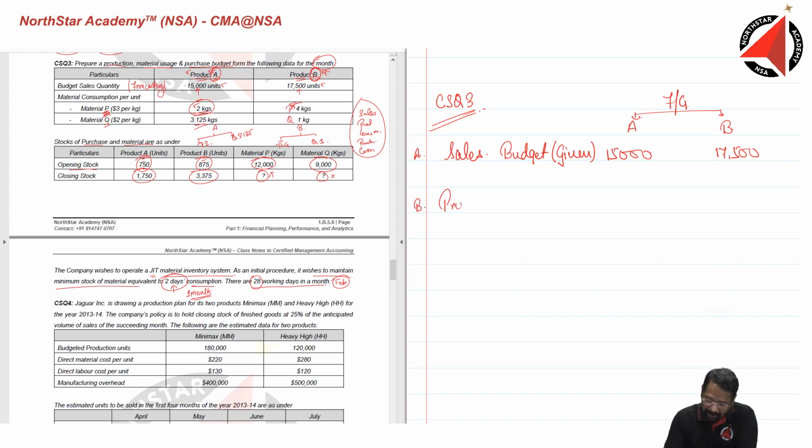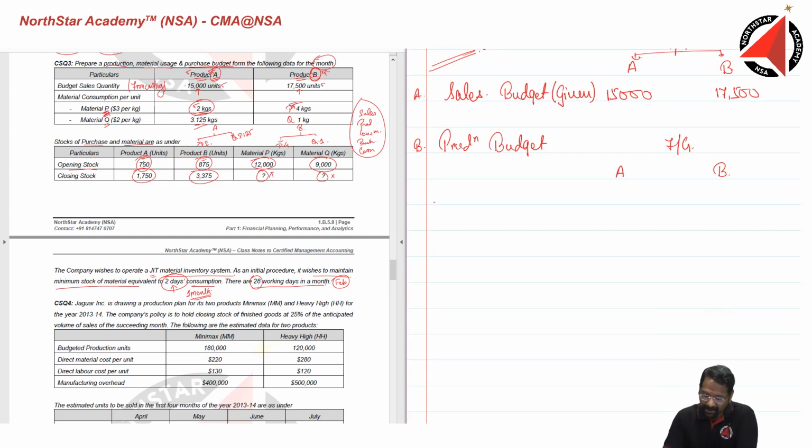Next is the production budget. Production budget means production of finished goods, so the heading will be finished goods A and B. First thing we need is sales. You have to tell me the formula. If you know the formula and the sequence, you are never going to go wrong. Sales, after that SCOP.